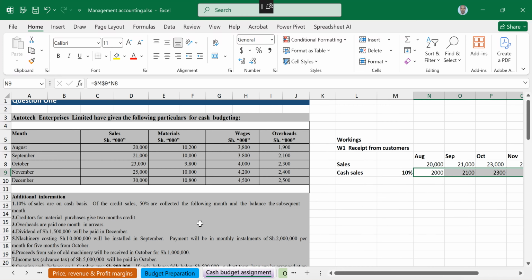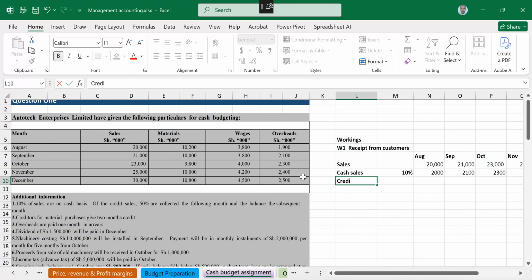10% of sales are on cash basis. Go through this. Of the credit sales, 50% are collected the following month and the balance the subsequent month. So what we do there is start by getting the credit sales.